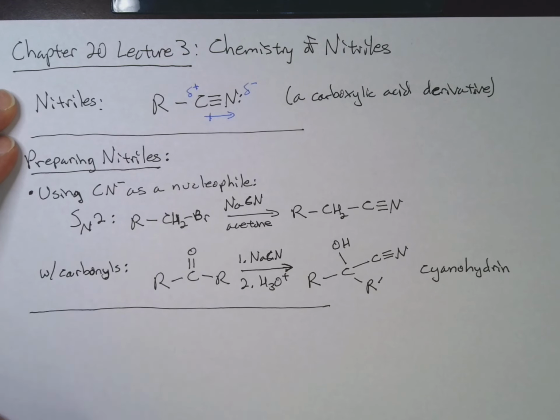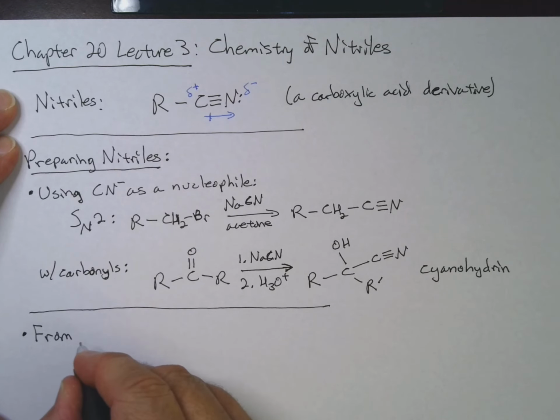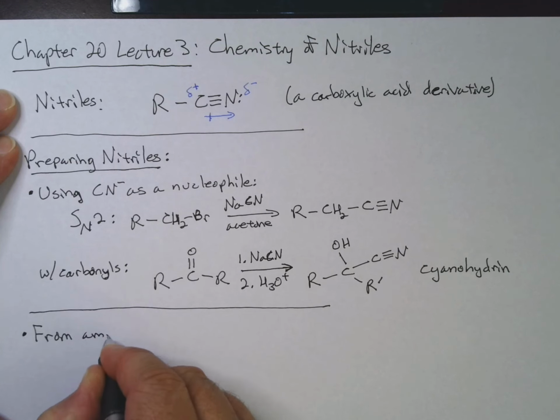All right. Now another method is to prepare nitriles from amides using SOCl2, thionyl chloride.